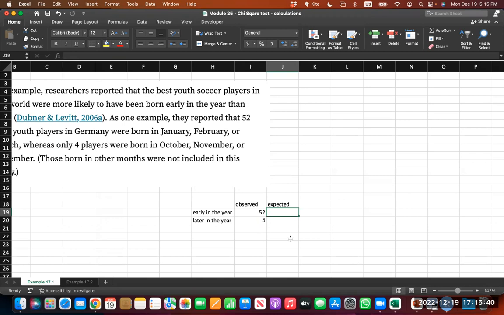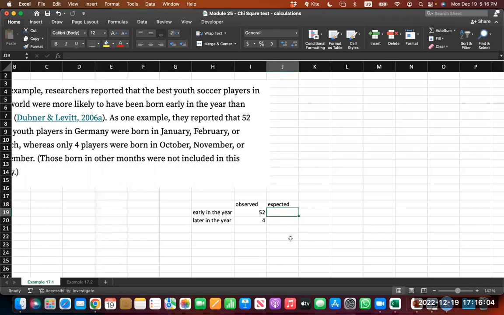If you expected that there is no difference, so that's your null hypothesis, what would the distribution be? This is in total 56 elite youth players. If there were no difference and the probability of this playing a role would be null, you would have an equal distribution between those. So your expected would be 50% in each of your 2 levels.